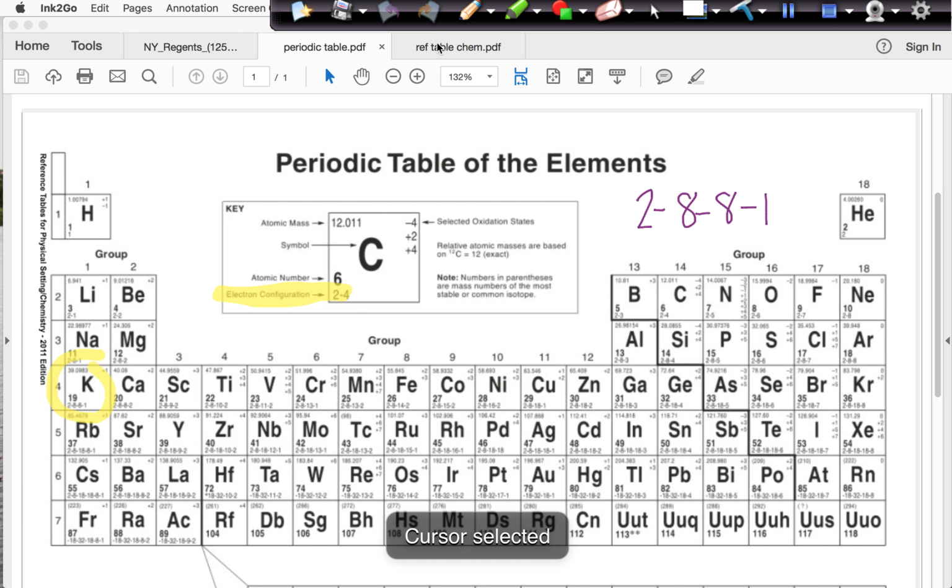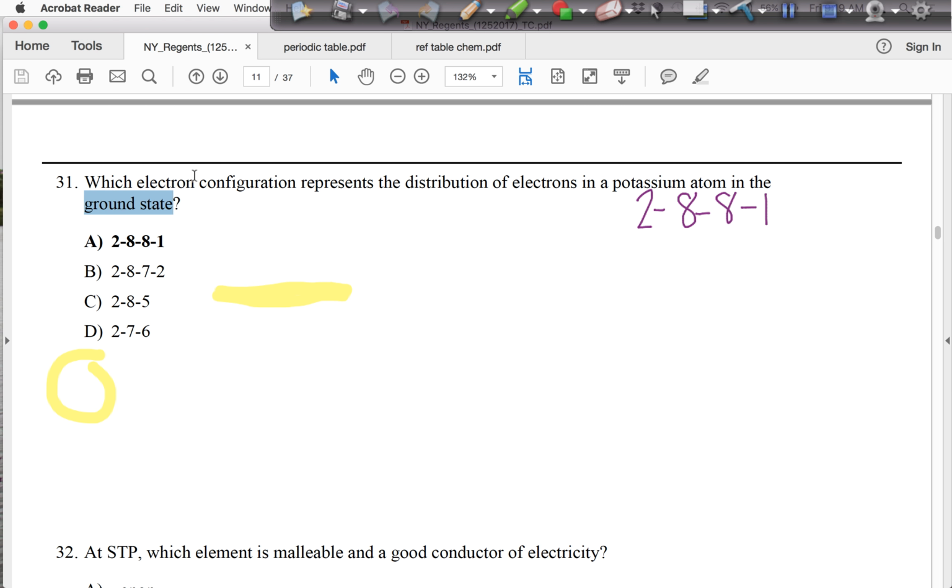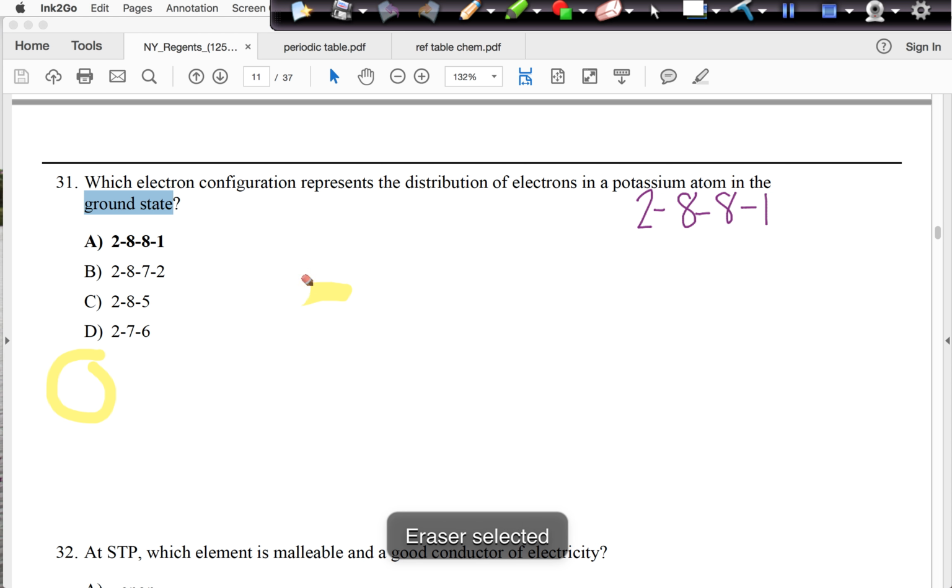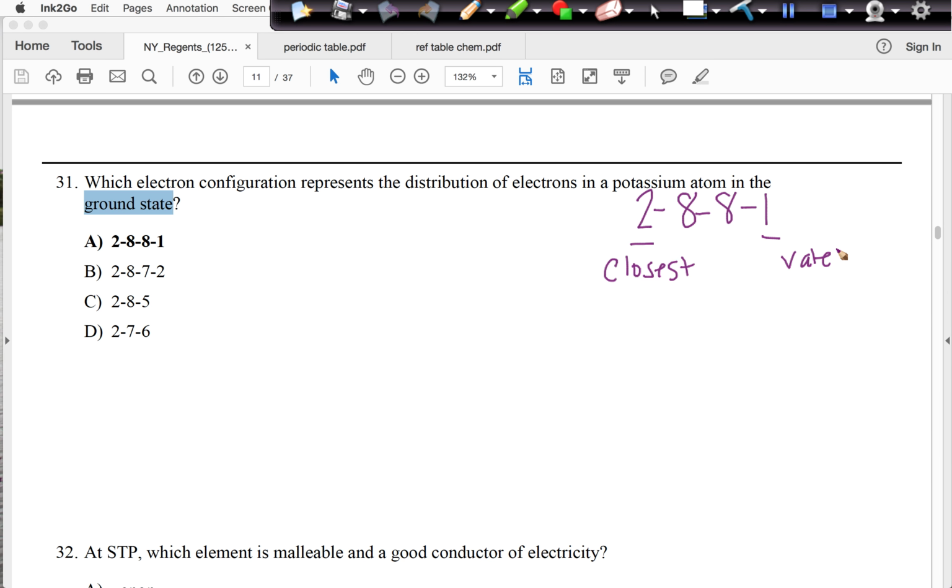And what that means is that there are 2 electrons in the first energy level closest to the nucleus, and there is 1 valence electron in the outermost shell. So 2-8-8-1 is right here. These are the ground states.